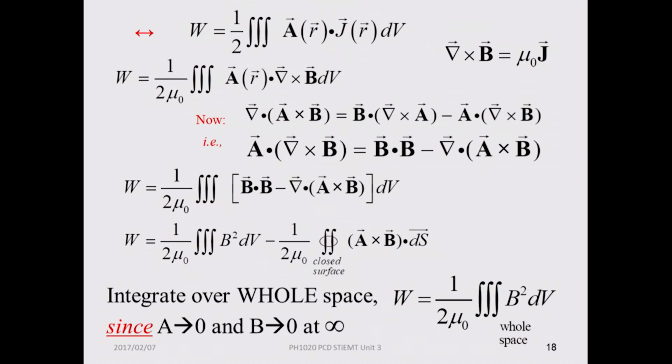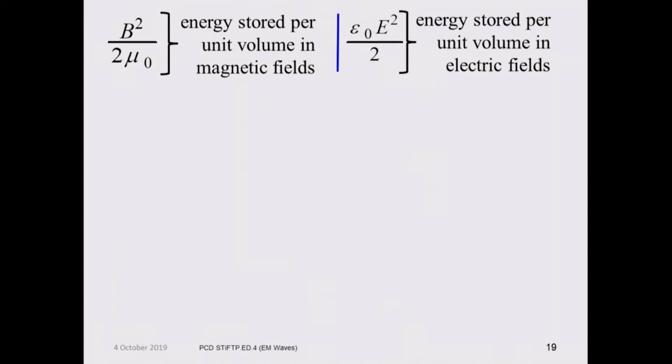It will go as the energy stored, and that is the magnetic energy stored, which goes as a volume integral of B square dV, and this is therefore the integration of a magnetic energy density, which will be B square over 2 mu 0. So now you have got the two expressions: the electric energy density, which is epsilon 0 E square by 2, and the magnetic energy density, which is B square over 2 mu 0.